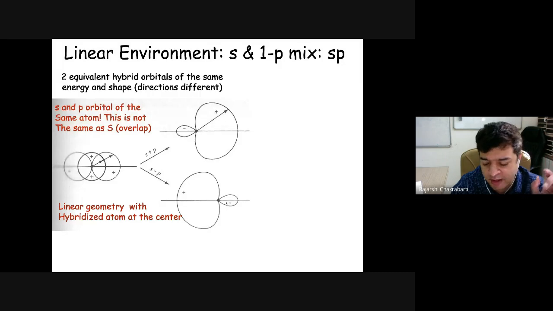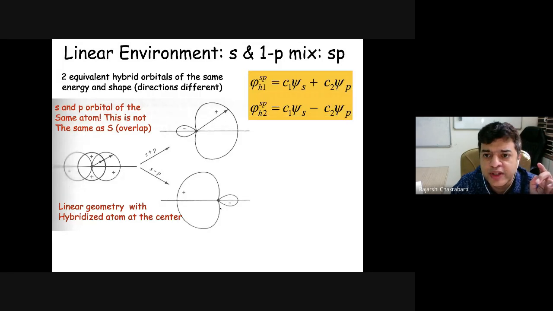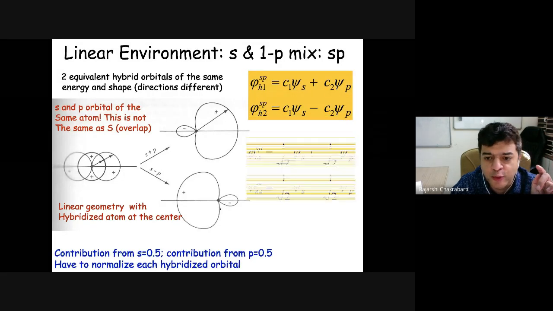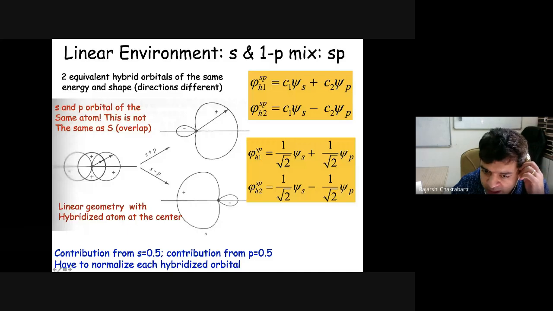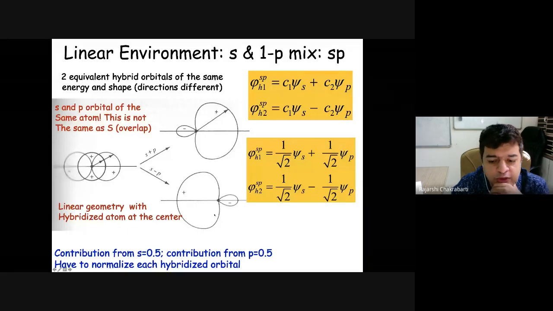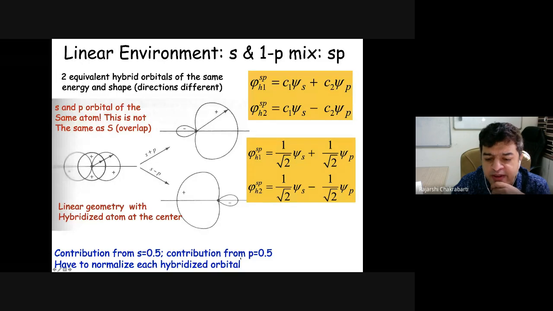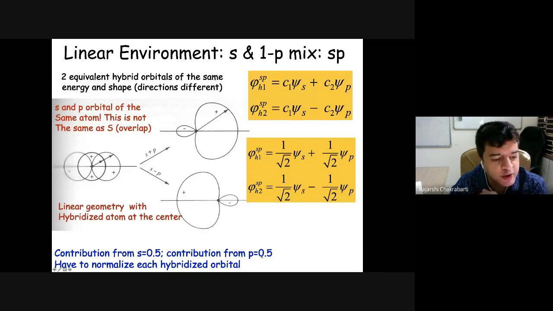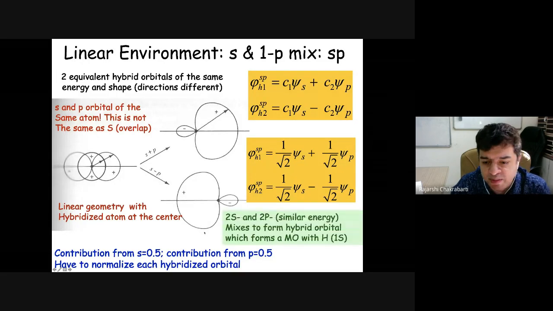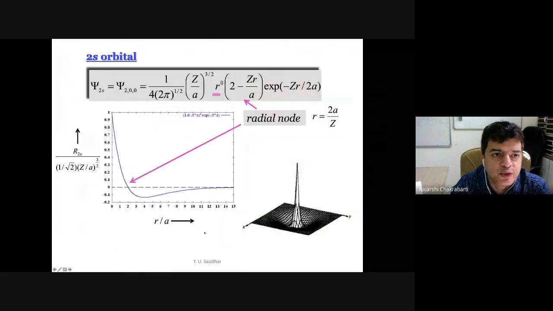There are two in number, and these are the two sp orbitals. We just worked it out. Contribution from s is 0.5 and contribution from p is 0.5, so 50% s and 50% p, and this is how it looks.